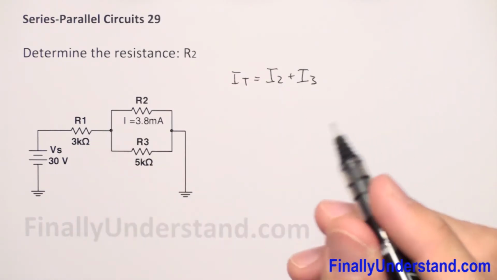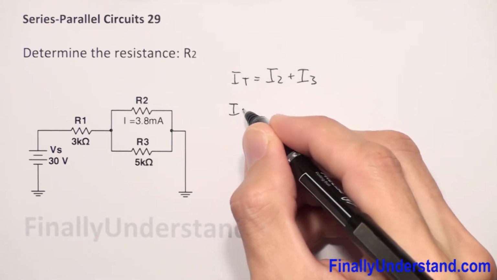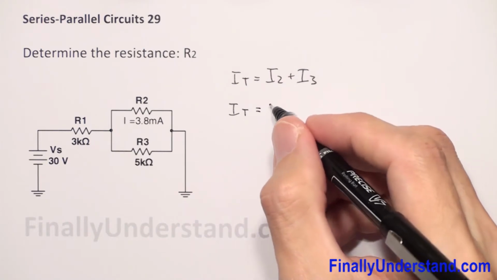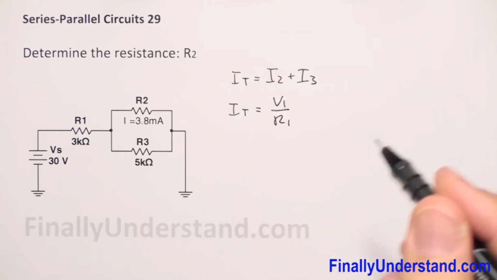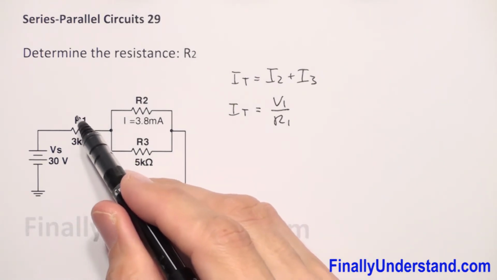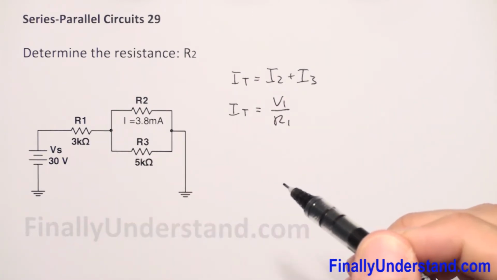Next I can write that I total is also equal to voltage V1 over R1, the voltage across this resistor over R1.